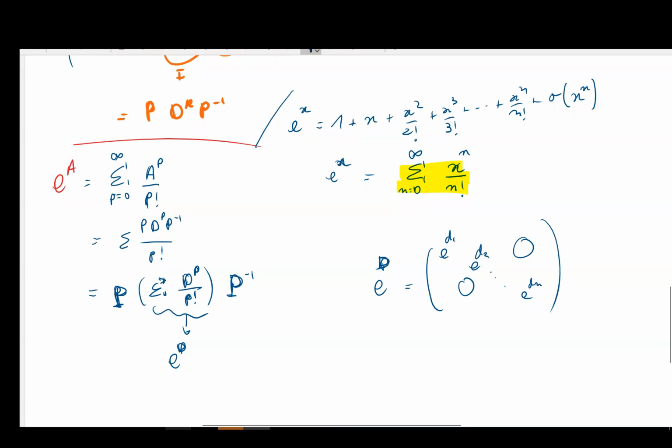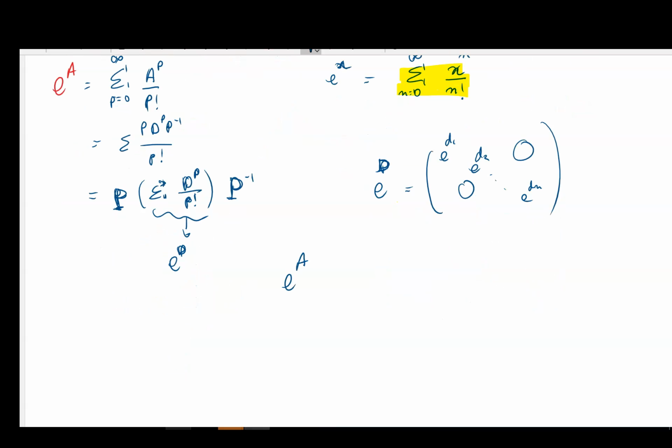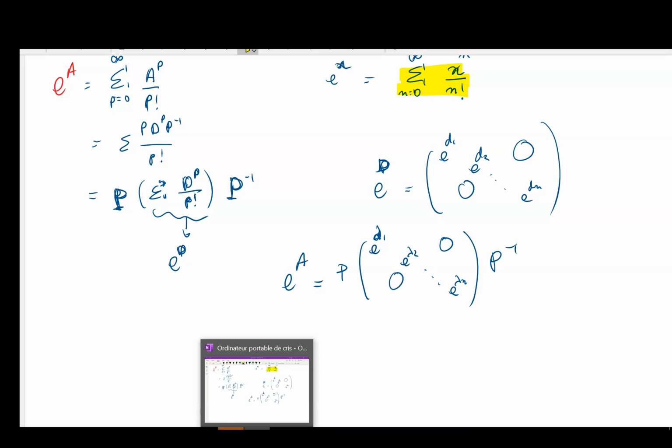And so the exponential of the matrix is just going to be P times the diagonal matrix with e to the lambda 1, e to the lambda 2, if those are the eigenvalues of my matrix A, times P minus 1. So we have just defined a new interesting object, the exponential of a matrix.